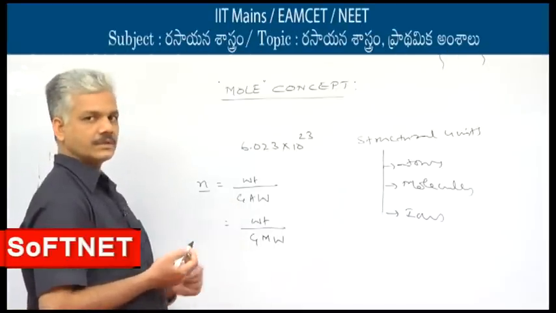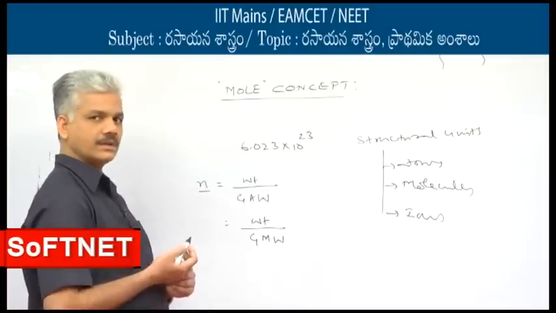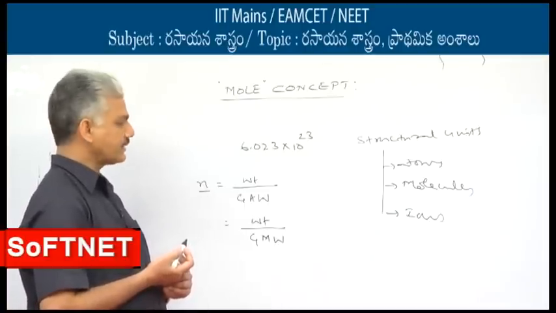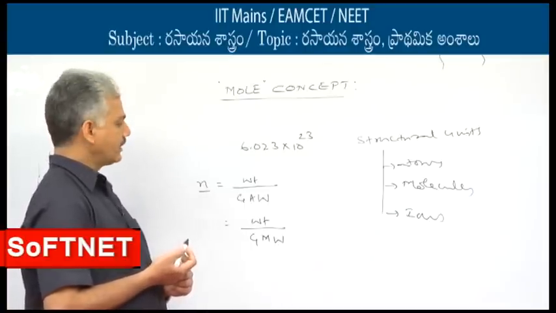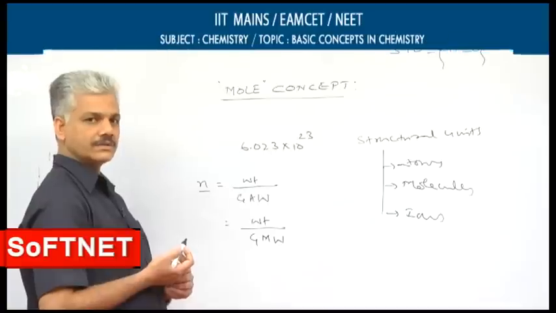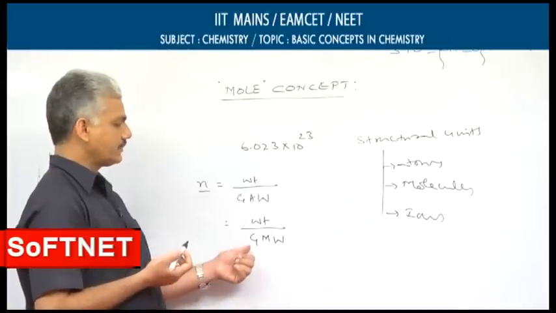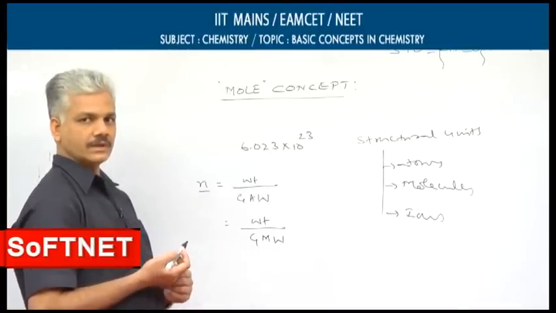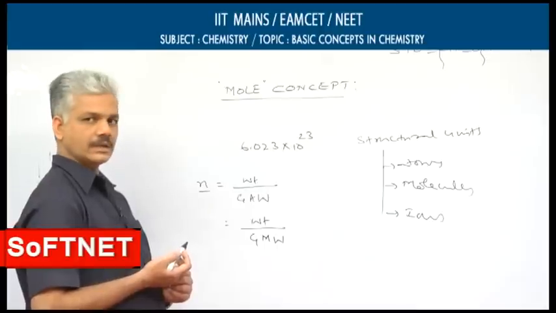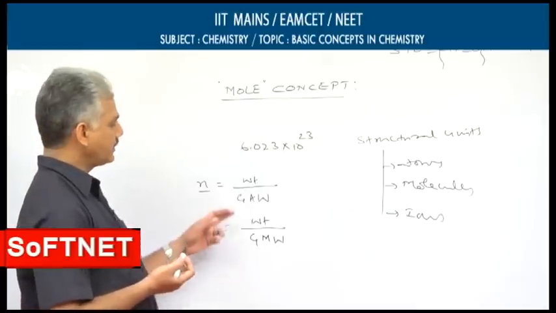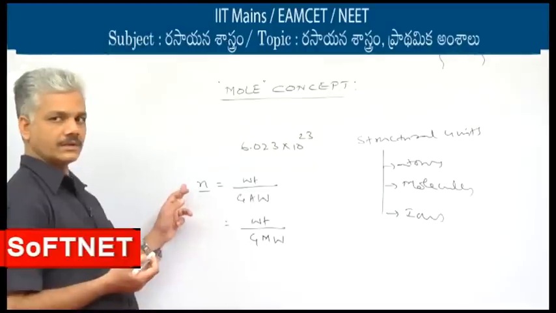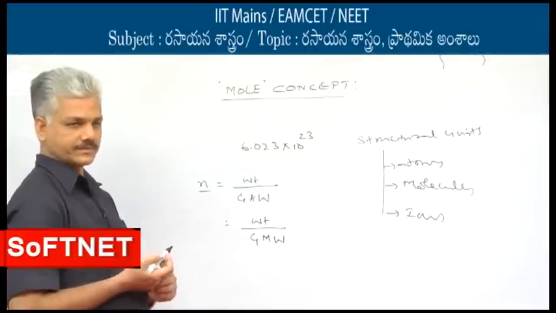The gram atomic weights of elements can be obtained from standard scientific tables. The sum of individual atomic weights present in a molecule will give you the gram molecular weight. So, by using these relations we can find out the number of moles.